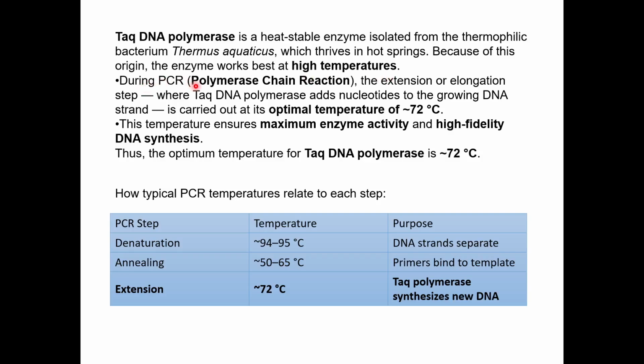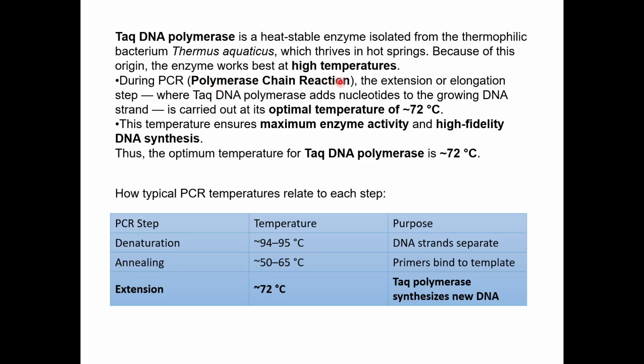During PCR, we know our different steps: the denaturation, annealing, and extension. Our denaturation, which completely separates the DNA strands, is around 94 to 95 degrees. At this temperature, our usual DNA pol doesn't work. That's why we have Taq DNA pol, which works best at 72 degrees and is also stable at 94 to 95 degrees.